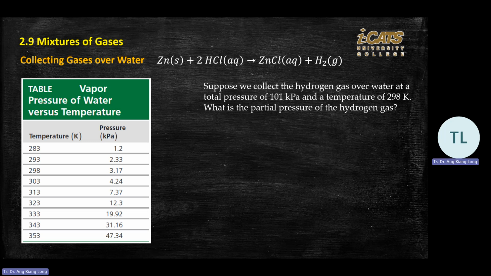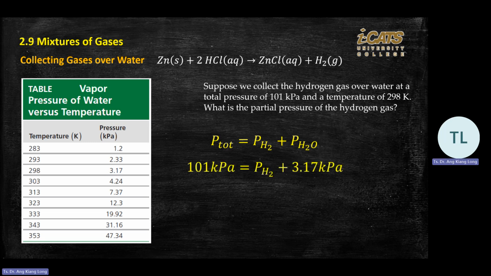If you don't see anything, it's 1. So P total equals water plus hydrogen. At this moment, you just accept water is there. Later, we'll prove water is there in chapter 3 and onwards.